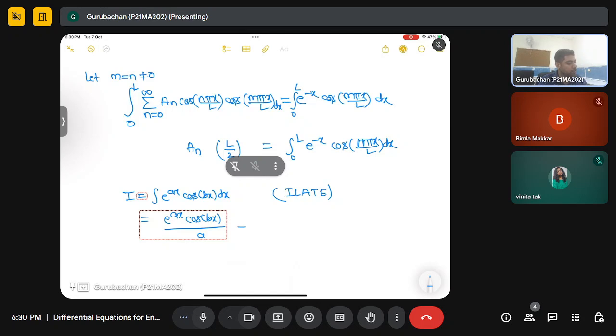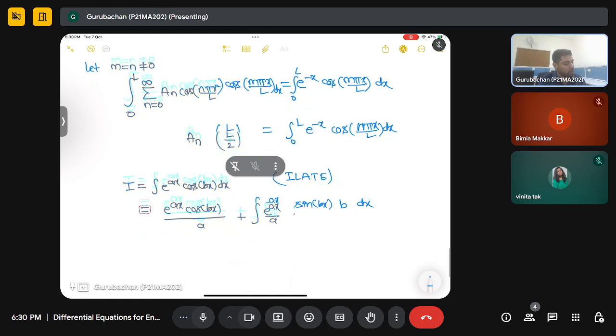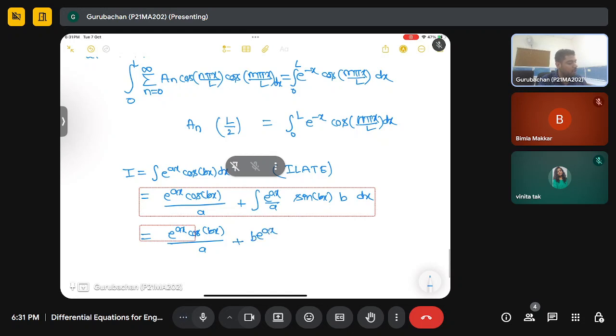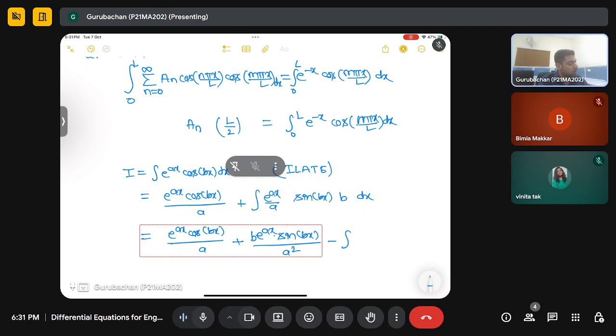So minus the integral of e to the power ax by a, and this will give you sin bx into b dx. Again, if you integrate, you will get some kind of repeated terms. So from here it will be again e to the power ax b sin bx divided by a square, with a negative sign, the integral of e to the power ax by a square, and this will be b square cos bx dx.